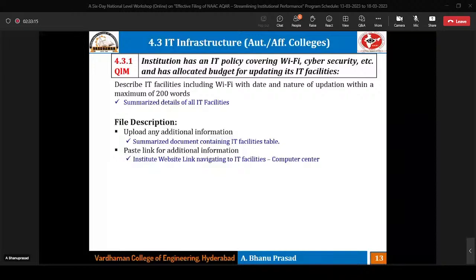They have kept only 4.1.1 and 4.1.2. But for AQAR, in the workshop we are presenting, 4.1.4 is there. With due respect, I'm just giving clarification.